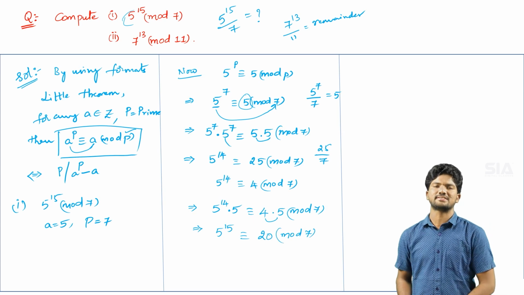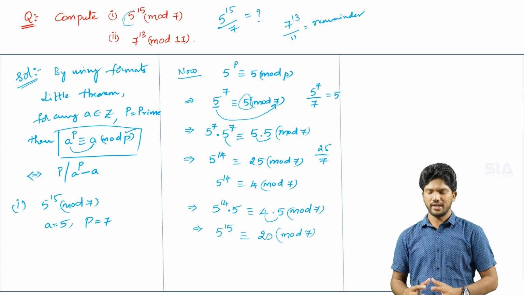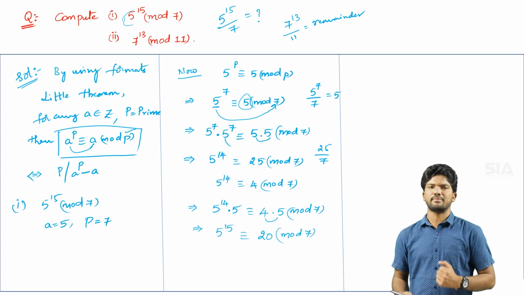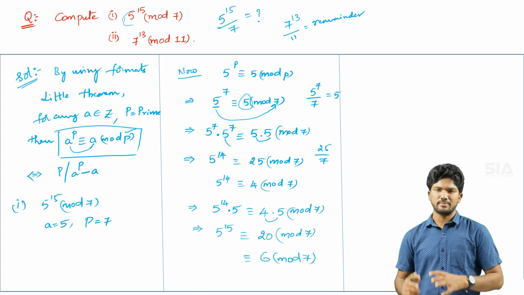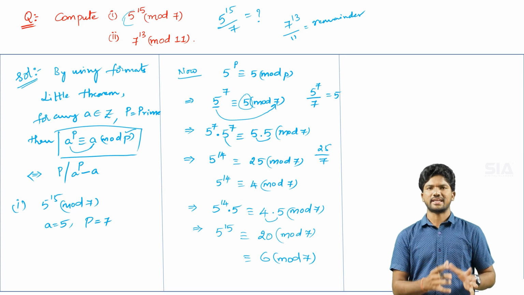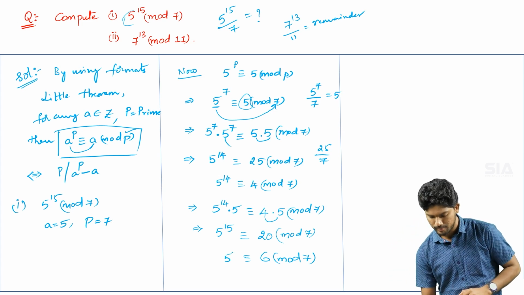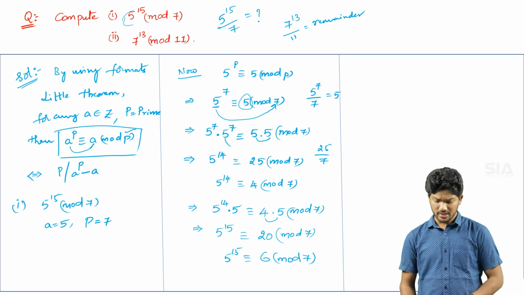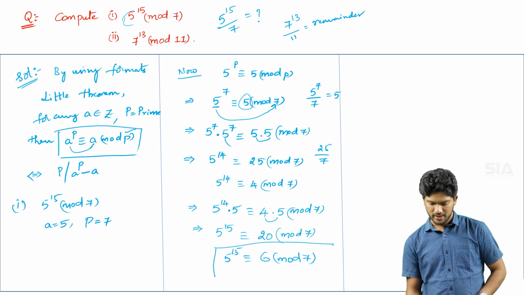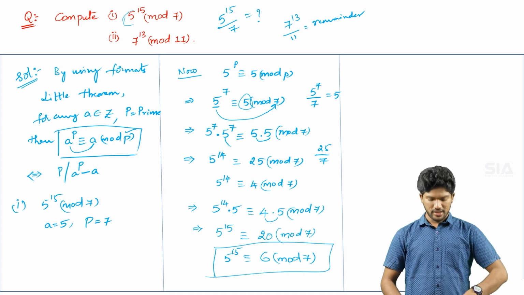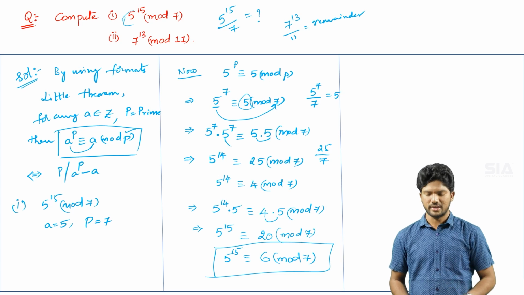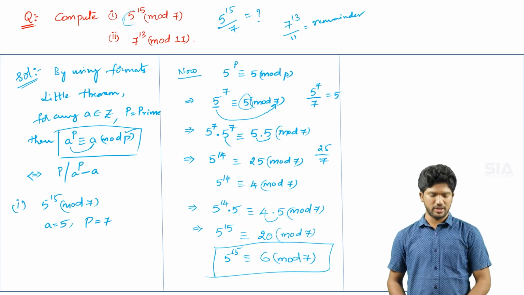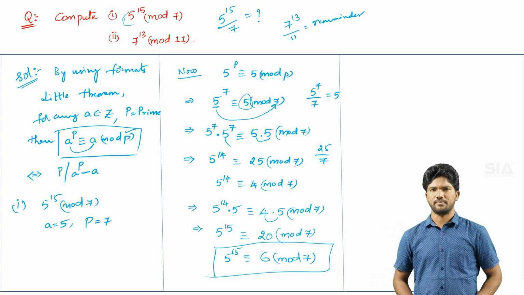Again 20 is greater than 7, so divide 20 by 7. 7 ones are 7, 7 twos are 14, cancel, and 6 is the remainder. So this is the solution for the first problem. Whenever 5 power 15 is divided by the prime number 7, 6 is the remainder, by using Fermat's little theorem.